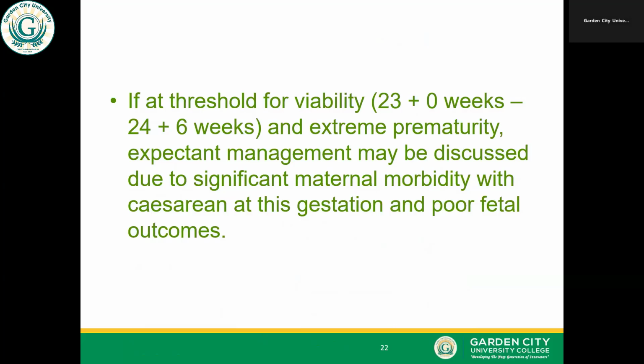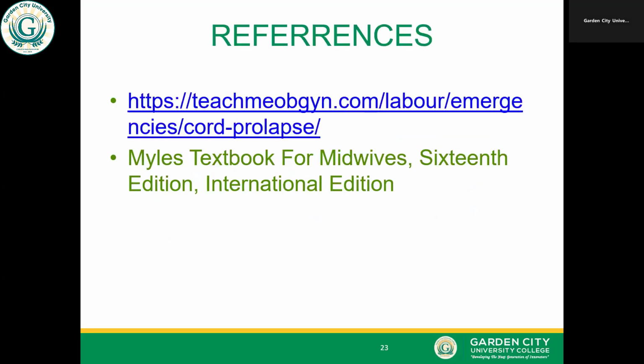If at the threshold of viability, which is 23 weeks or 24 weeks plus, and extreme prematurity, expectant management may be discussed due to significant maternal morbidity with cesarean at this gestation and poor fetal outcome.